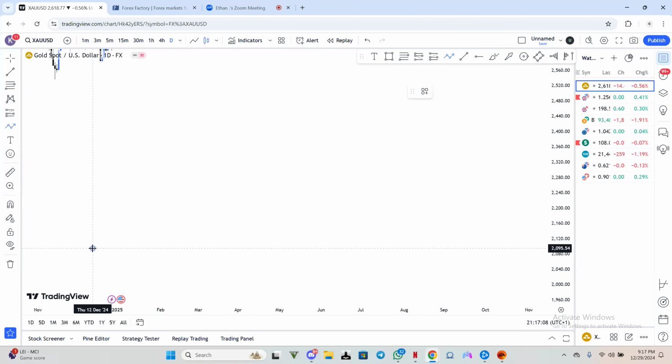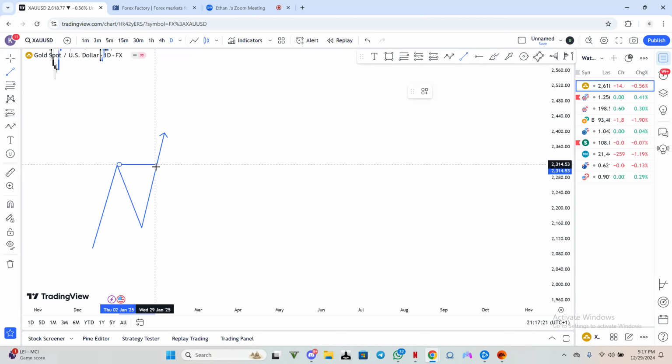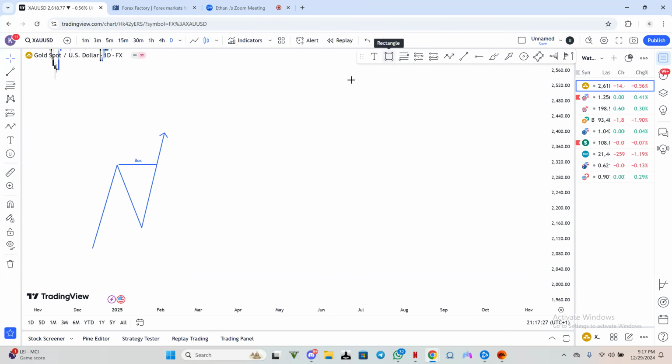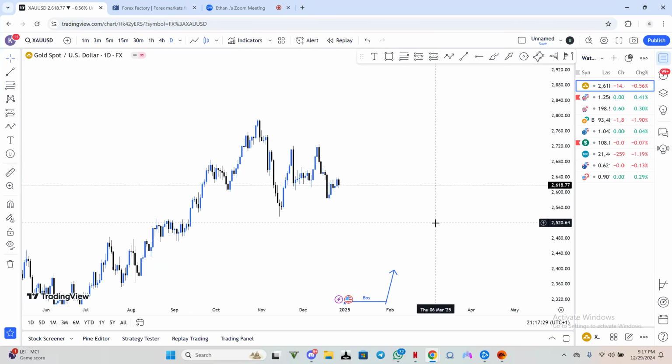For a break of structure, you understand, price action needs to break the recent high in an uptrend. So once price action breaks the recent high, you've had a break of structure. That's the first criteria: a break of structure in the market. The second one is your fair value gap, which is when there's a gap between three candles.